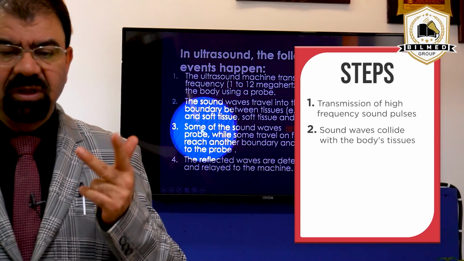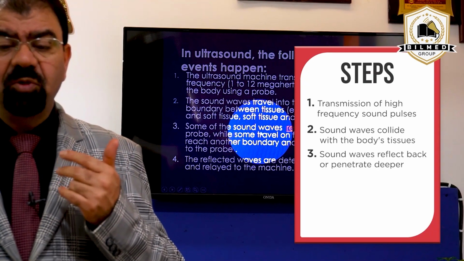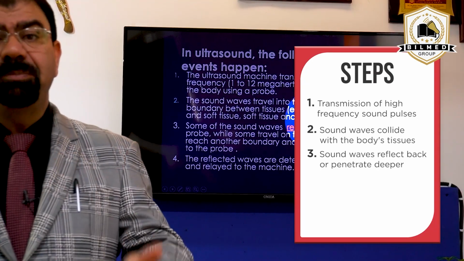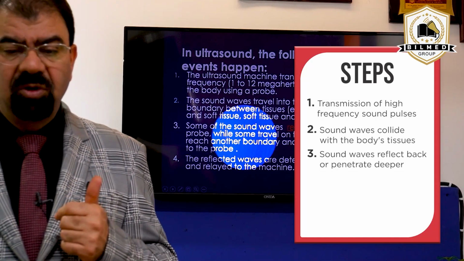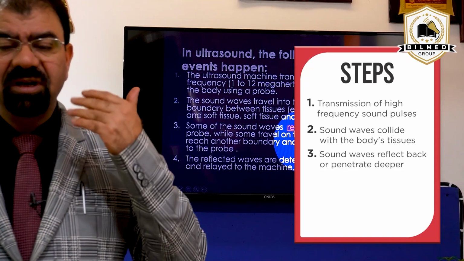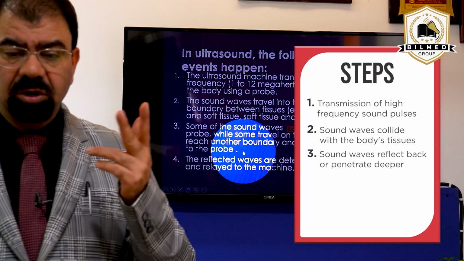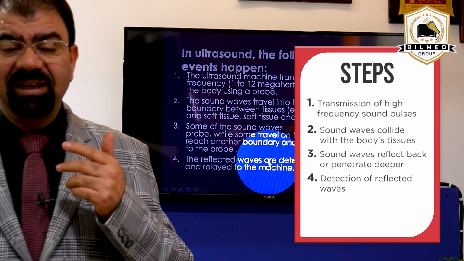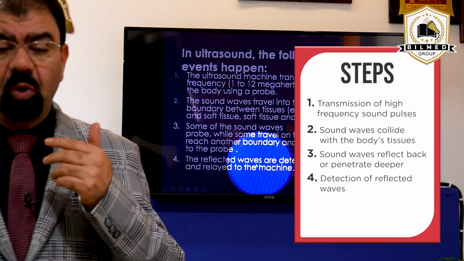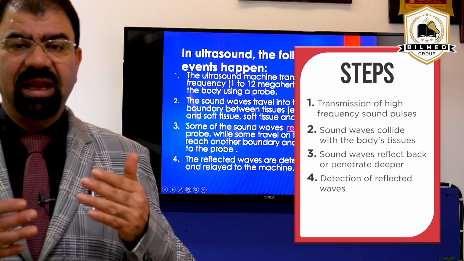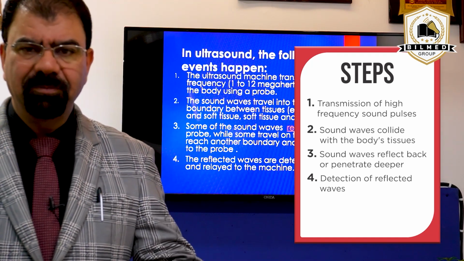Third, some of the ultrasound waves are reflected back to the probe while some travel further deep into the body. Fourth, the reflected waves are detected by the probe and relayed onto the ultrasound monitor.